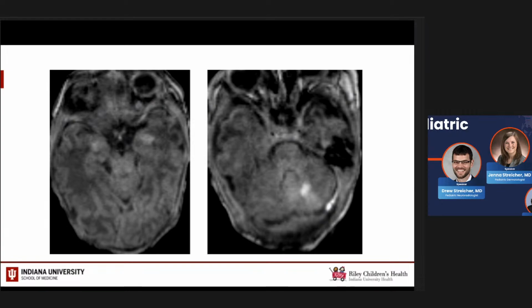All right, no problem. So we have an axial T1 on the left and right side of the screen, and in the pediatric age group, we can see the gray matter is white and white matter is gray, which is going to turn to the adult appearance by age of 1 on T1 and by age of 2 on T2.